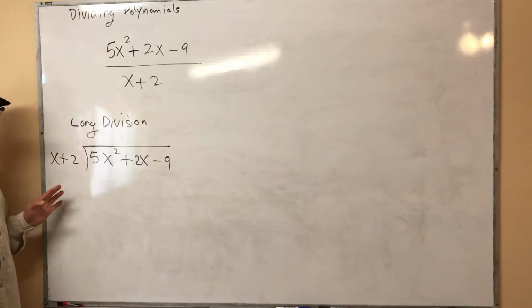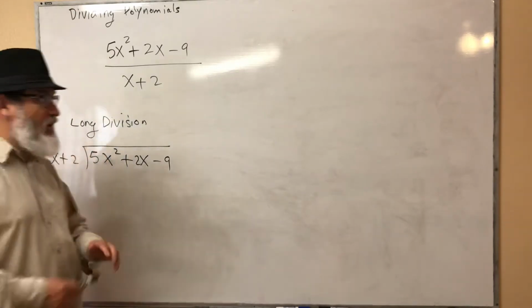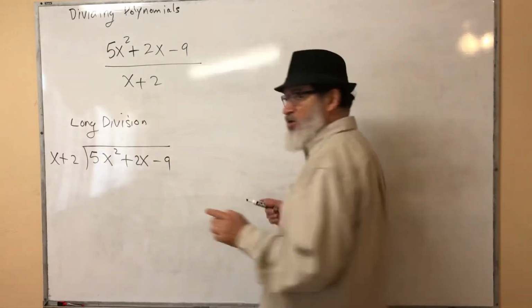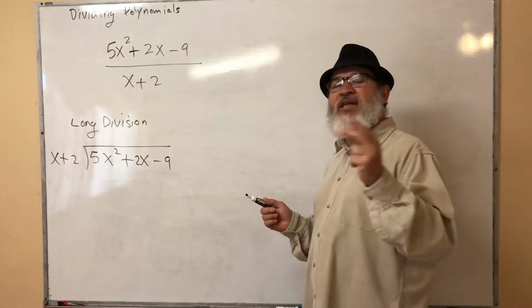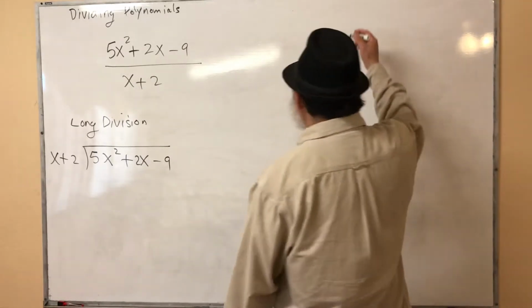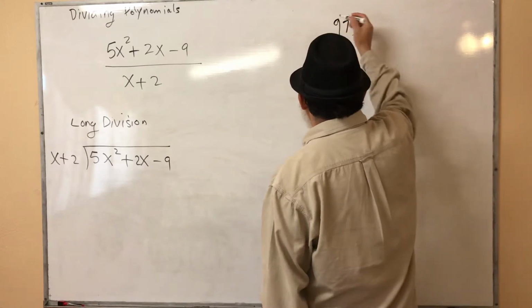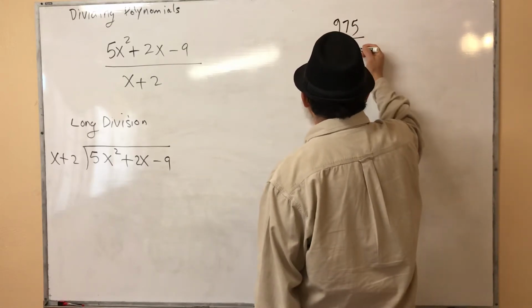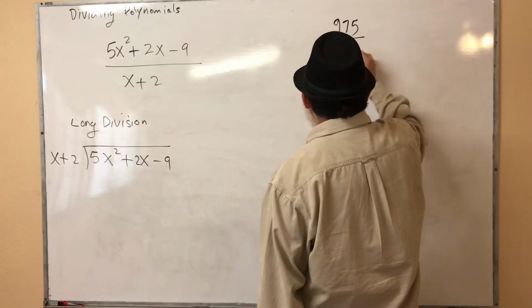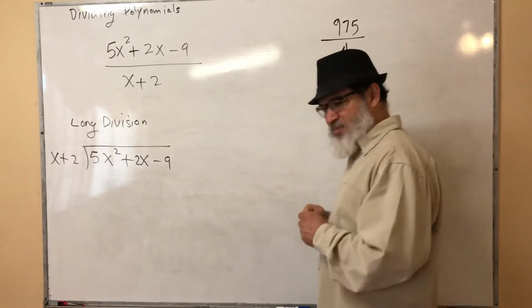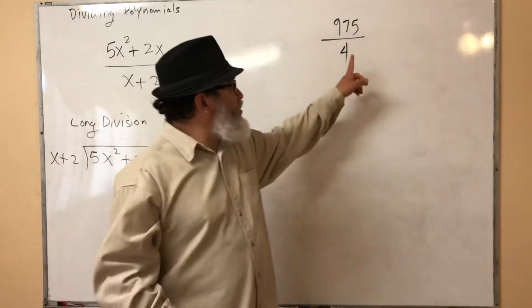And the best way that I can explain this is the following way. Okay, so let me go and give you an easier example. Here's an easy example. Let's take 975 divided by 4. Okay? Let's look at this example.